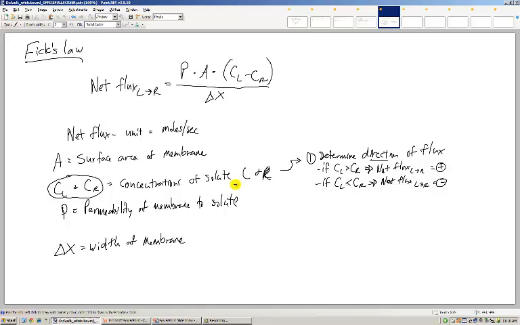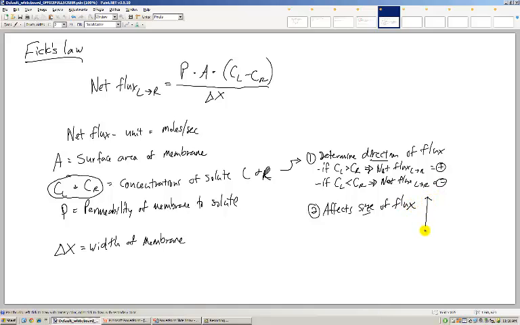And then the other thing is that it affects the size of the flux.